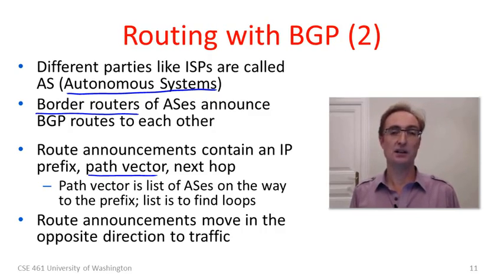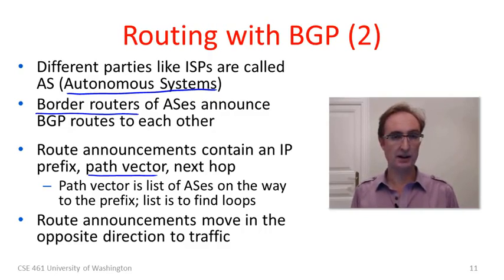The reason that a list is sent, the complete path instead of simply the distance, is to allow us to detect loops more easily. If you see a path that has the same AS repeated, that's a loop, so you don't want to use that path. If it's not, there's no loop.